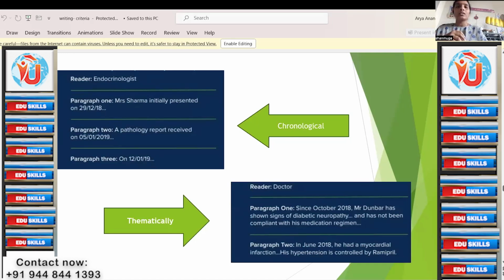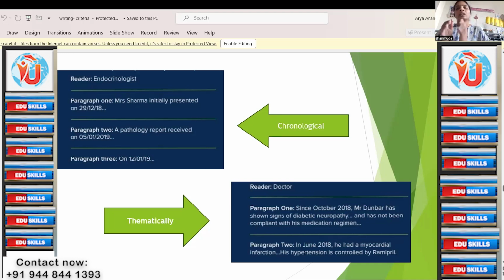The second paragraph should be the pathology report. If you are reading this case note, you can understand what chronological order is. The third paragraph, you can write another visit on 12/1/2009. That is chronological, because you are writing from the start, 6 visits from the start to the present situation.